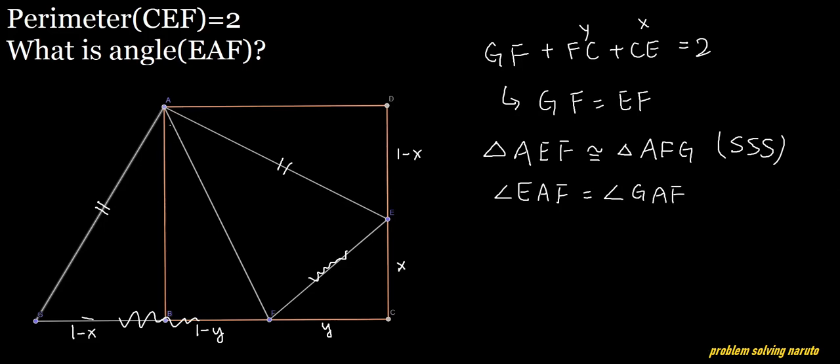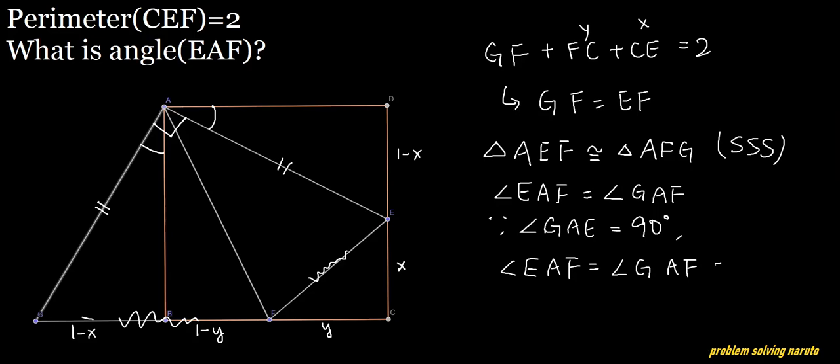But what is this whole angle? This whole angle is 90, right? Because this part is equal to this part, and this part is 90. So since angle GAE is 90, then they are equal. So they are both equal to 45.